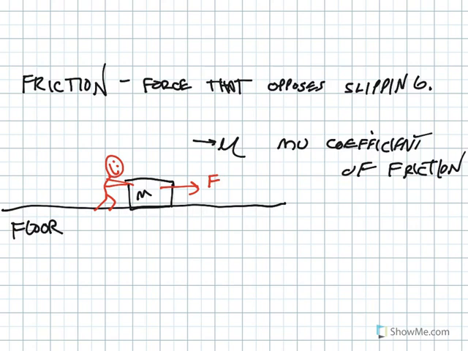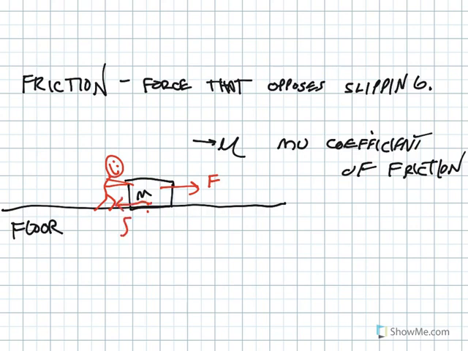And the block doesn't move. Why doesn't the block move? Well, he's not pushing it hard enough. There's a frictional force between the block and the surface, and that frictional force wants to stop the block from slipping. So as soon as he exerts a force to the right, friction between the floor and the block starts up.